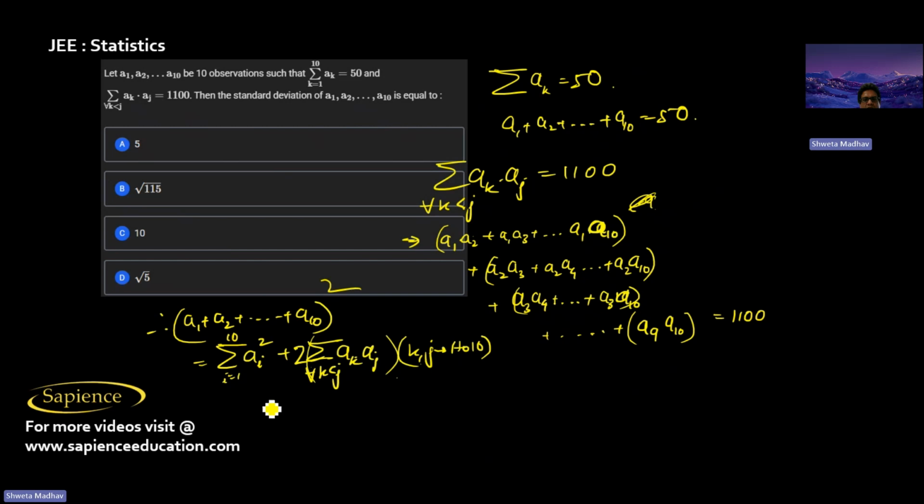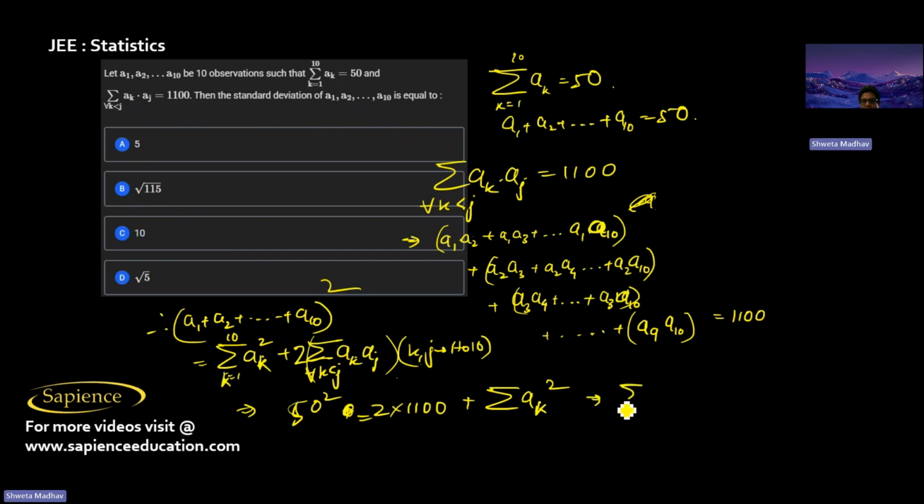This is 1100. Now this sum is given as 50, k from 1 to 10, so this is 50 square, equal to 2 into 1100 plus summation ak square, k goes from 1 to 10.